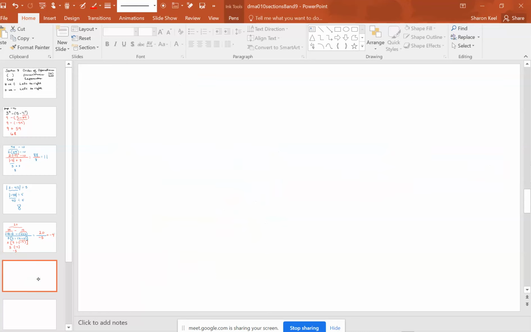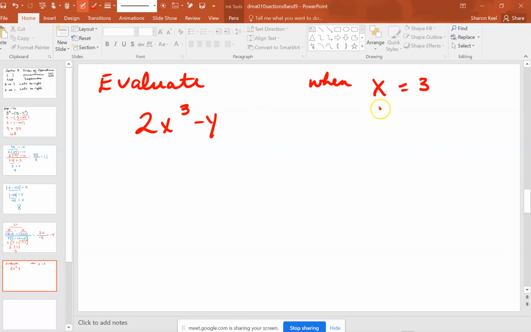And one other example here is at the very bottom, number 8. They ask you to evaluate 2x cubed minus y when x equals 3 and y equals 2. That means we're going to substitute these numbers for these letters.